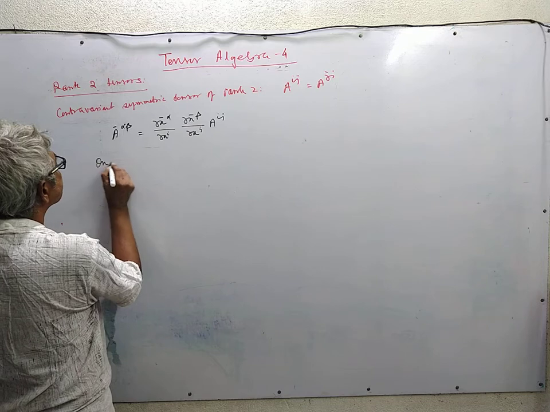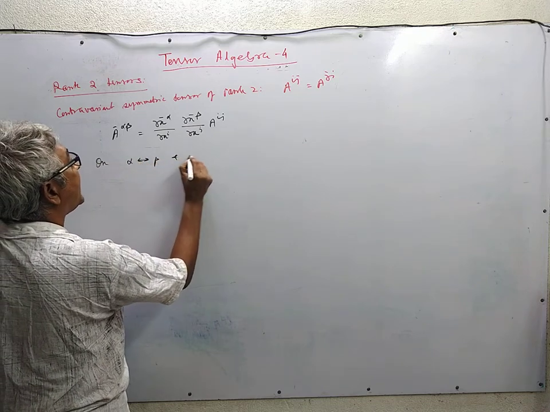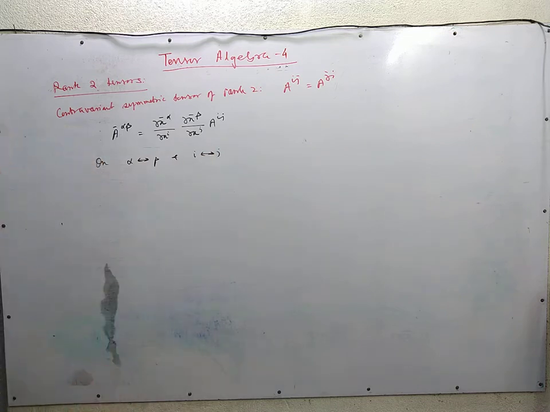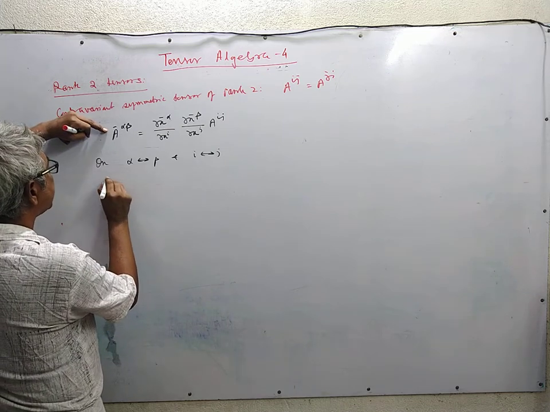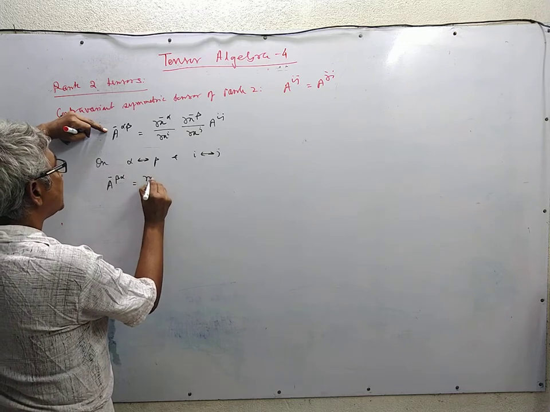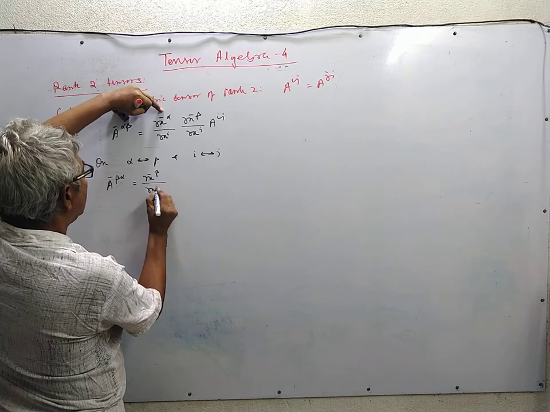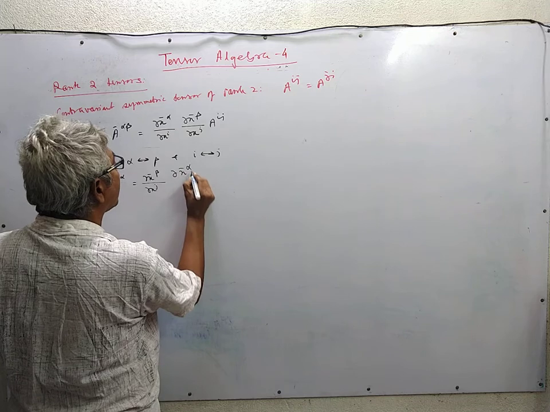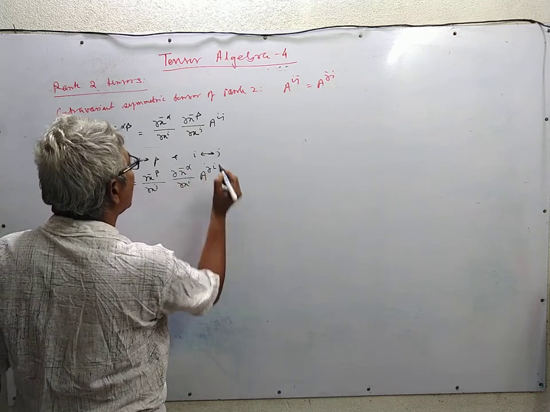Now we perform an interchange between alpha beta and i j. That means i and j are interchanged together with alpha and beta. The left hand side becomes A bar beta alpha. This is del x bar beta by del xj, del x bar alpha by del xi, A of ji.